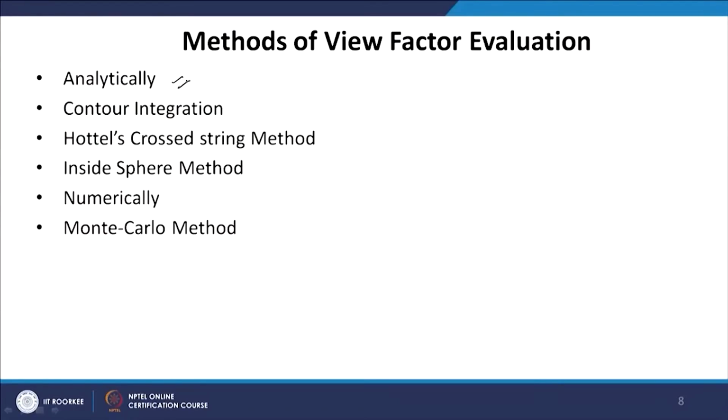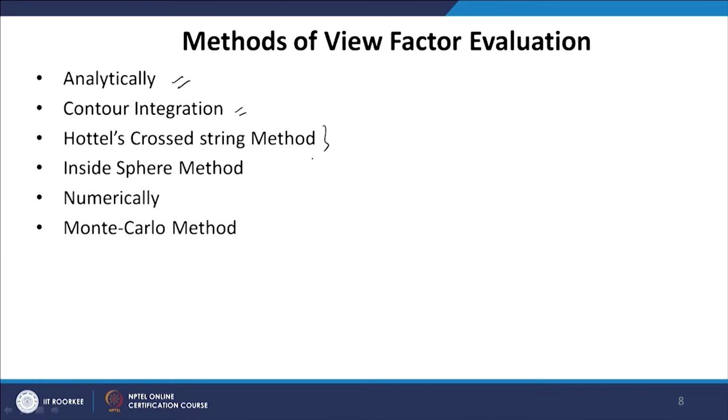Now, these are the definitions of view factors between an infinitesimal area and a finite area, and between two finite areas. Now, how do we evaluate these view factors? There are a number of ways by which view factors can be evaluated. We can do double integration, that is called the analytical method. There are simplified methods like contour integration, which simplifies the double surface integral into a line integral, the path integral.